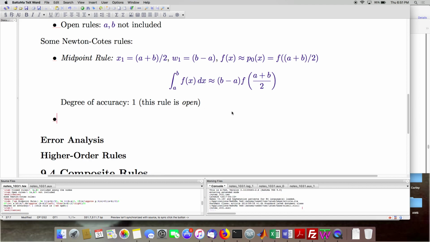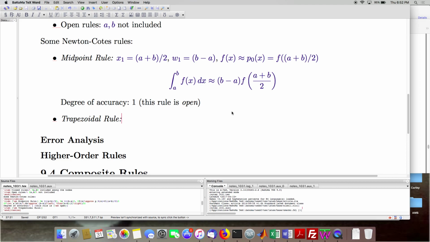Okay. Second rule, probably the most widely used, the trapezoidal rule. For the trapezoidal rule, we have two nodes.